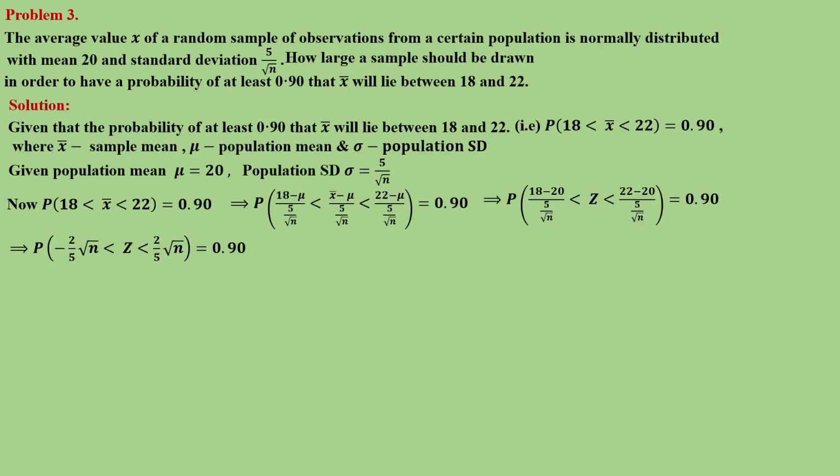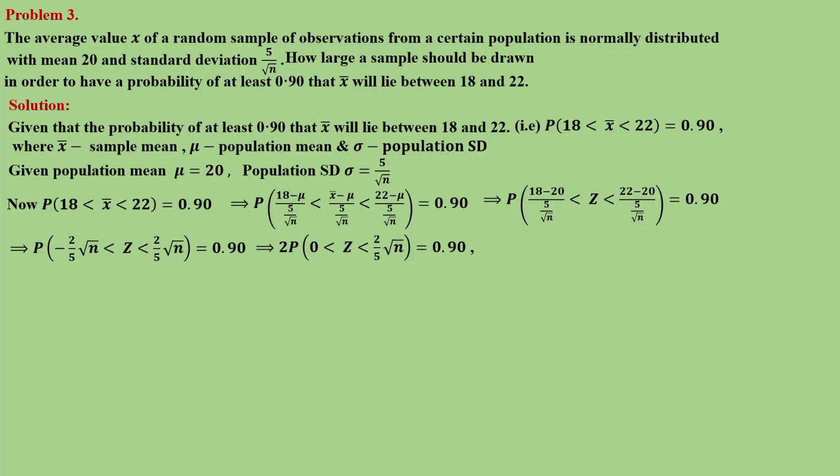So that implies the probability of minus 2 by 5 by root n, which can be written as minus 2 root n by 5 because 5 by root n is in the denominator, so its reciprocal is root n by 5, less than z less than 2 root n by 5, equals 0.90. Now we can split this area on the normal curve.